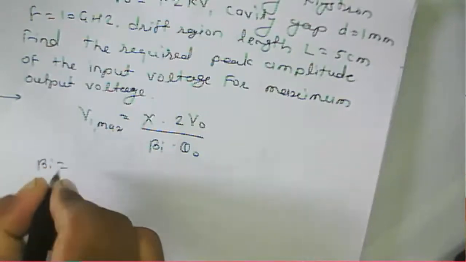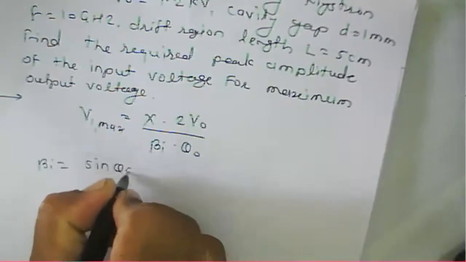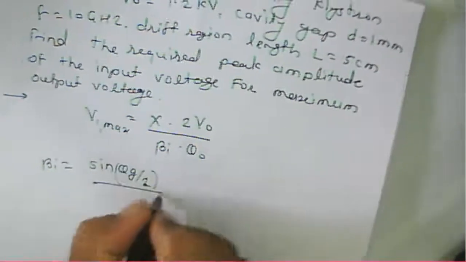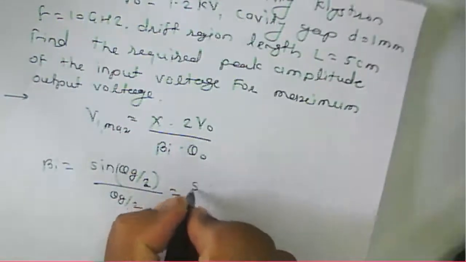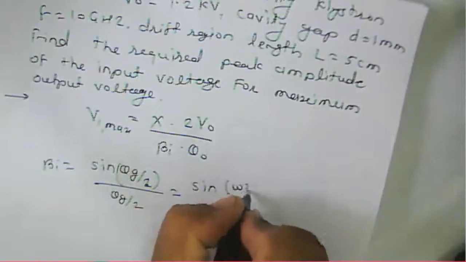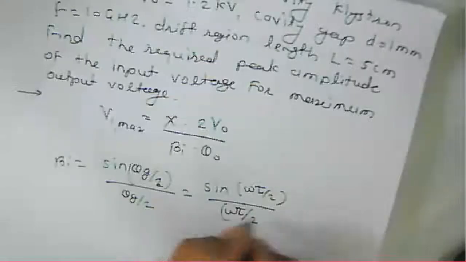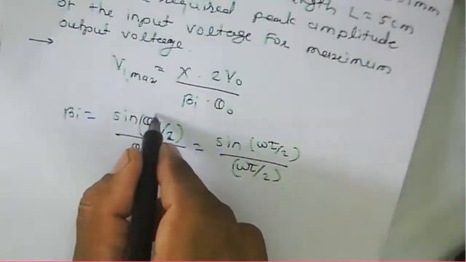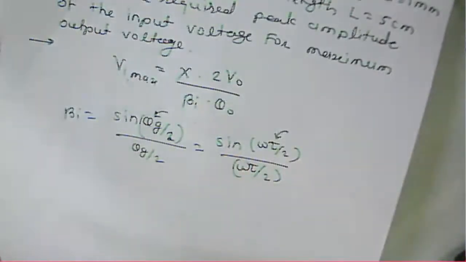The beam coupling coefficient is nothing but sine of theta g by 2 divided by theta g by 2, or sine of omega tau by 2 divided by omega tau by 2. So our aim is to obtain either theta g or tau here.